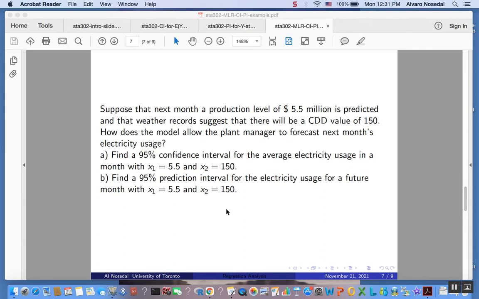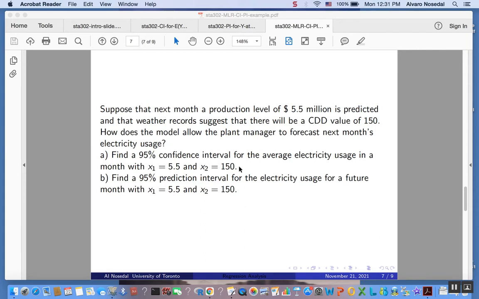So what we would like to do is finding a 95% confidence interval for the average electricity usage in a month with this particular combination of the values for the predictor variables x1 and x2. x1 5.5, x2 150.